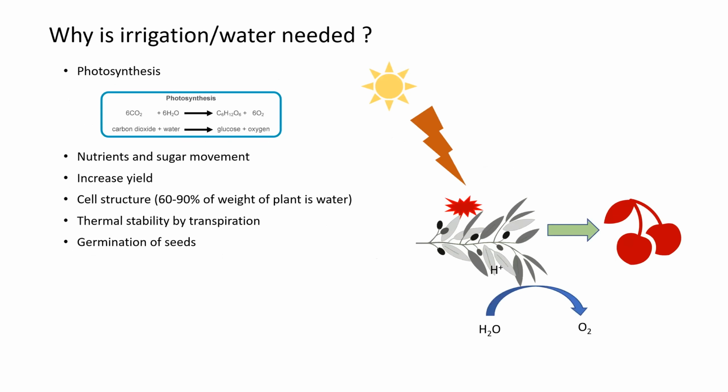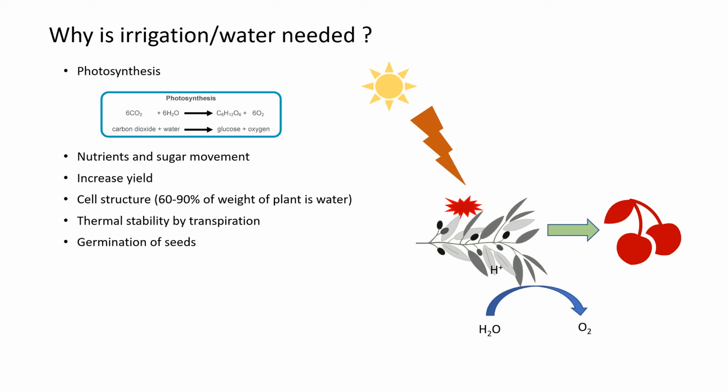Why is irrigation needed? In any small farm, we are mainly concerned with the mass of the products such as fruit and vegetables and things like that. And to produce that, plants need to photosynthesize, and they also need to take water. So as you can see in this equation, 6 CO2 plus 6 H2O gives glucose and oxygen, which is the byproduct; the glucose is the food and the thing that we're interested in.